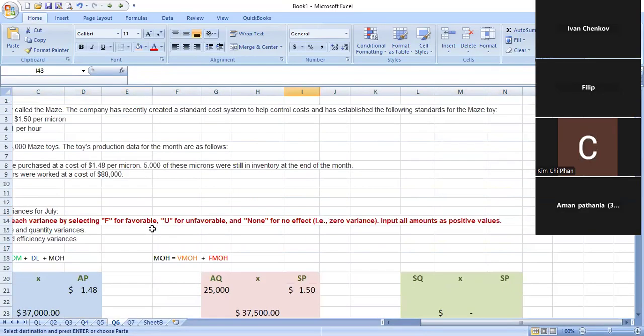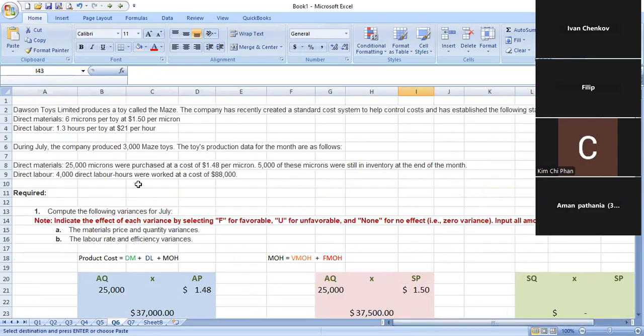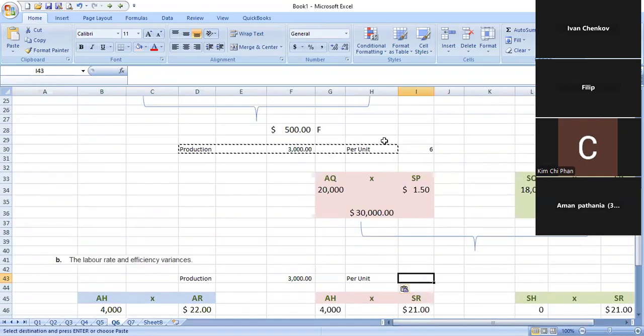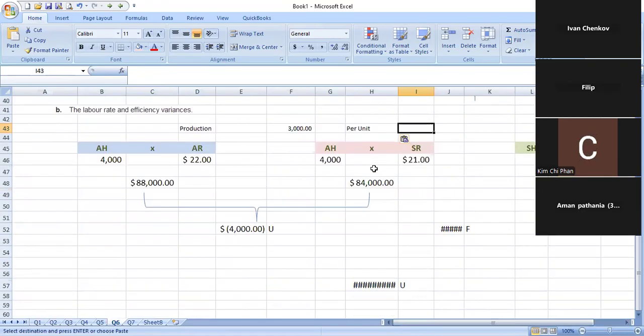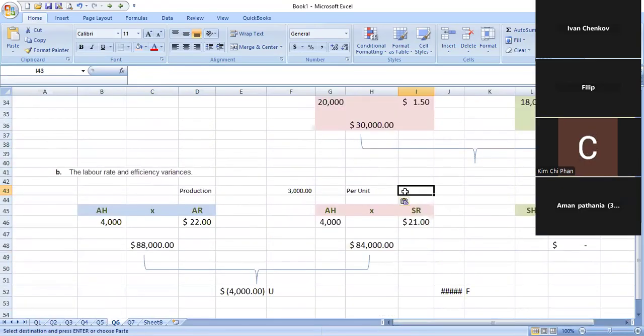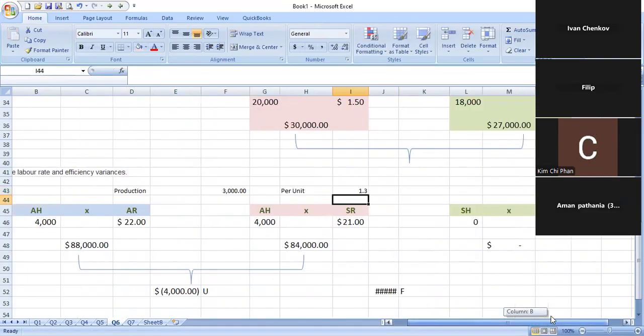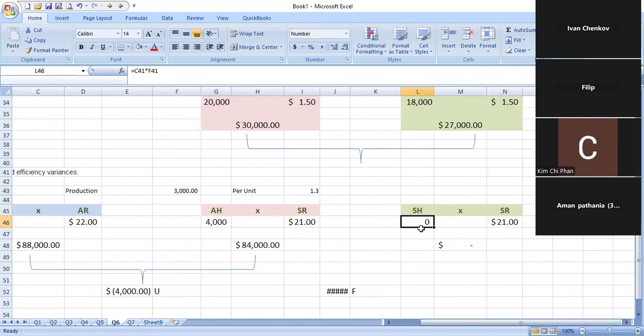But per unit, how many hours are we supposed to spend? 1.3 hours. So my number here will be 3,000 times 1.3, and that gives me 3,900 hours.